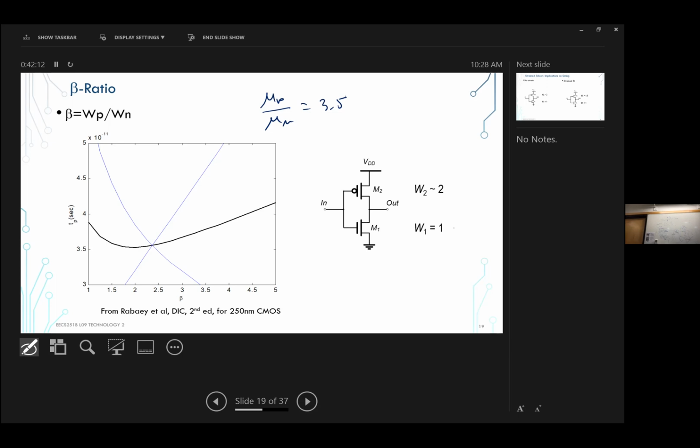So if I'm increasing the beta ratio, making the PMOS transistor bigger, going in this direction, what is that going to do? It improves TP low to high, because we're making the PMOS stronger.